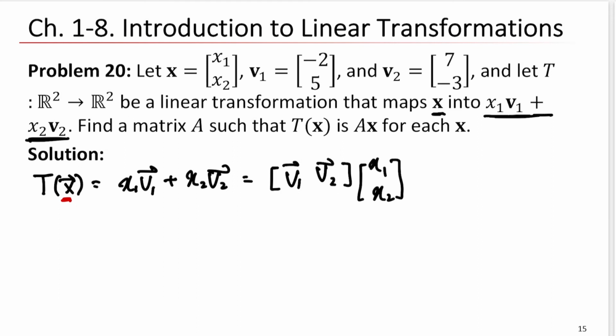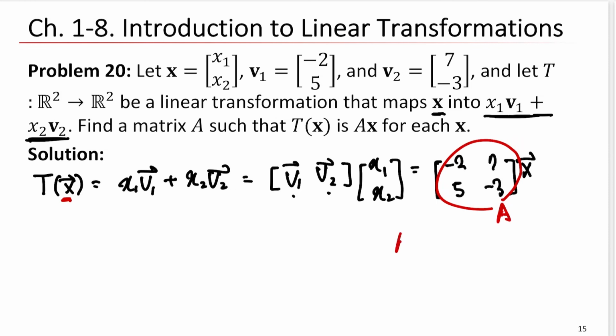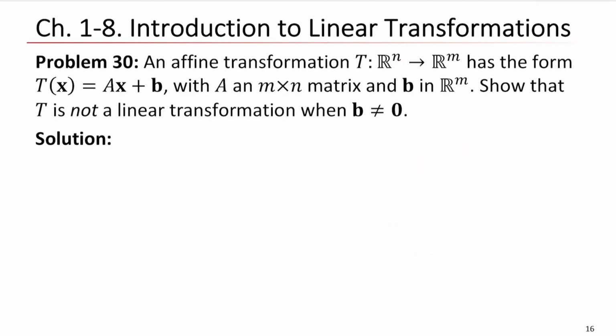What were V1 and V2? It was negative 2, 5 and 7, negative 3, something like that, right? With the vector x, right? So finally, this is the matrix A. In other words, matrix A is going to be negative 2, 7, 5, and negative 3, right there. Okay, so there's one more problem.